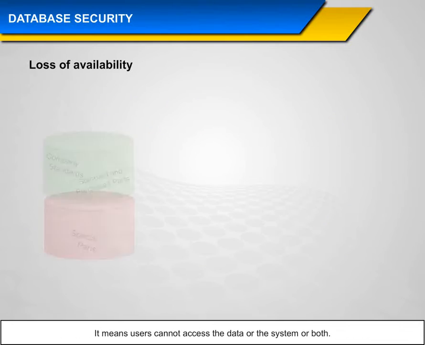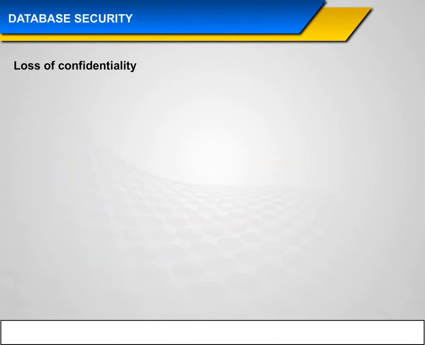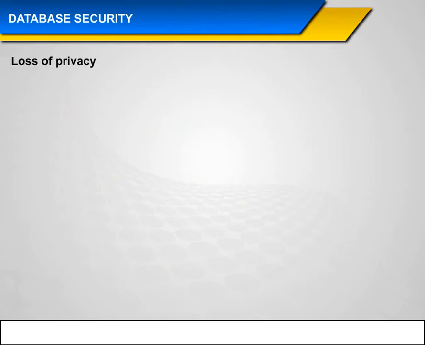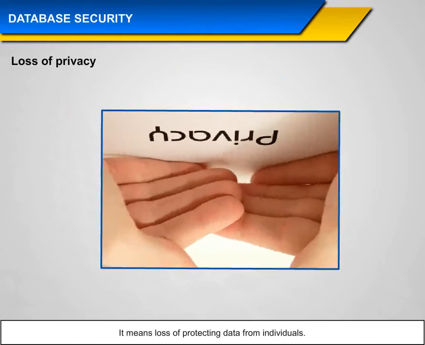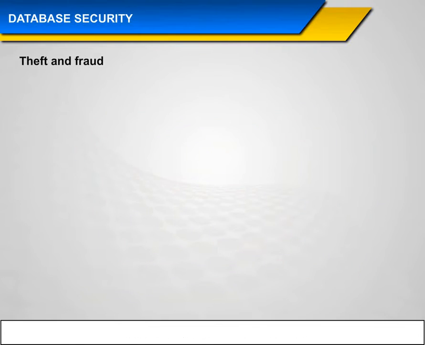Loss of availability. It means user cannot access the data or the system or both. Loss of confidentiality. It means loss of protecting or maintaining secrecy over critical data of the organization. Loss of privacy. It means loss of protecting data from individuals.